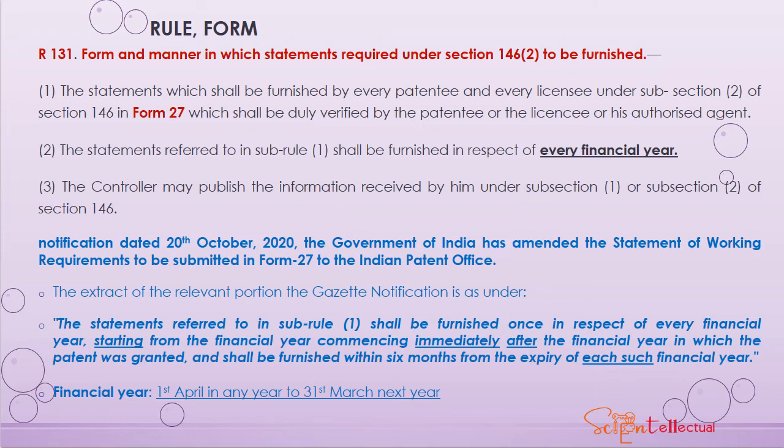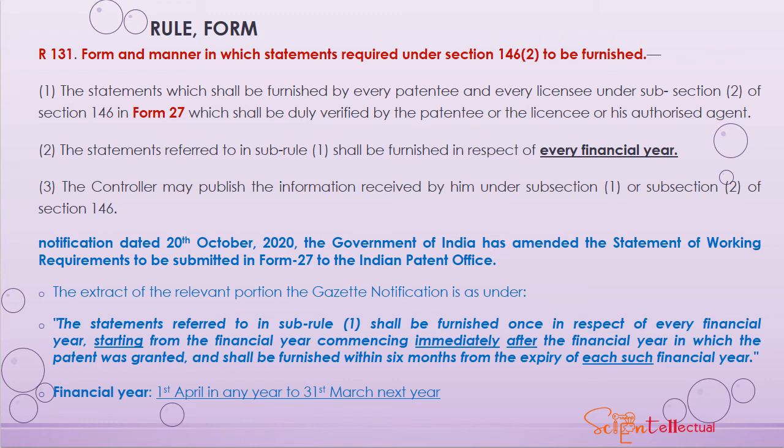The relevant portion of the Gazette notification is: the statements referred to in Sub-Rule 1 shall be furnished once in respect of every financial year, starting from the financial year commencing immediately after the financial year in which the patent was granted, and shall be furnished within 6 months from the expiry of each such financial year.